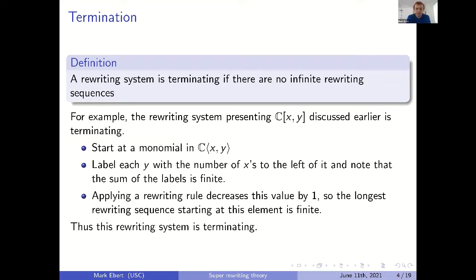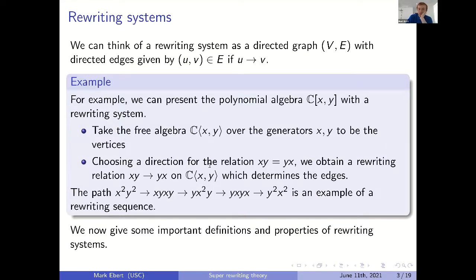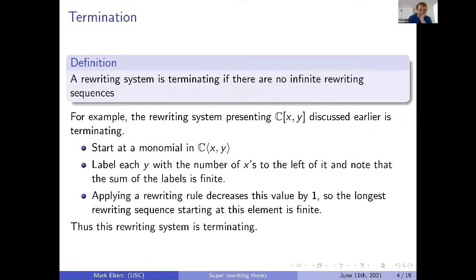So, for example, let's look at the rewriting system from the previous example. Let's say we start at some element with x's and y's, and we label each y with the number of x's to the left, and we keep track of the sum of the labels. This is a natural number, and applying a rewriting step to this term will decrease this sum by exactly 1.